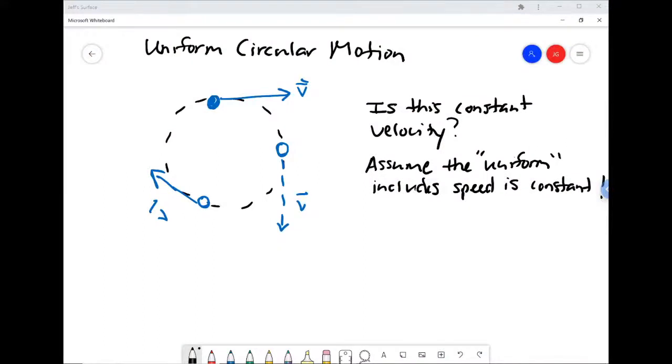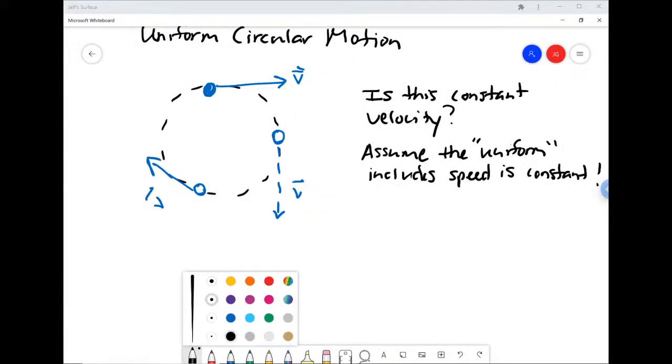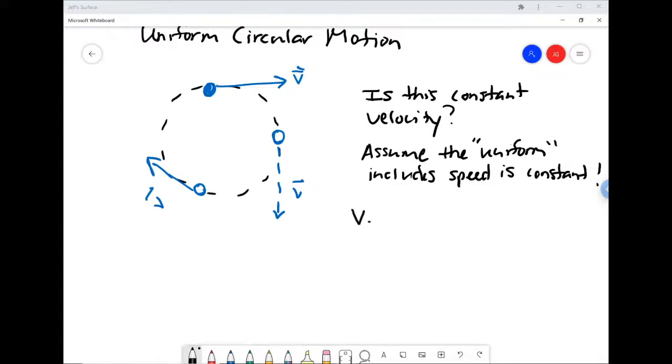The speed is constant, but the direction is not. So velocity is not constant because direction is changing.